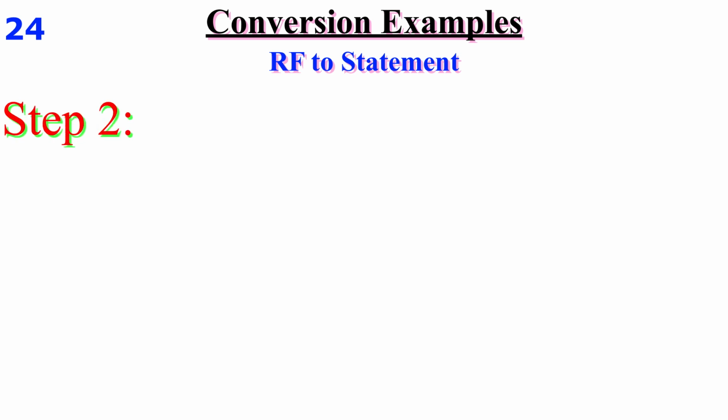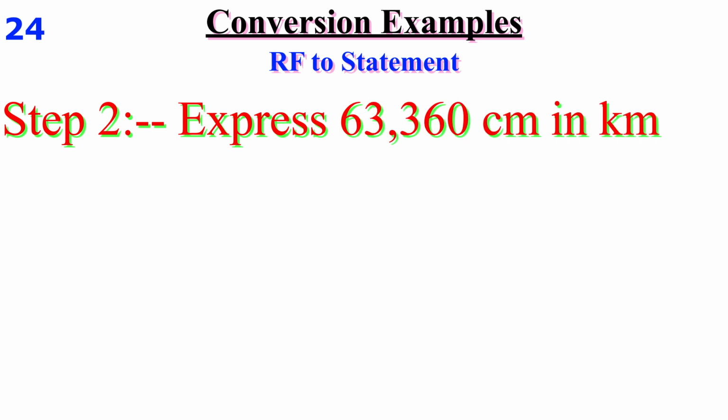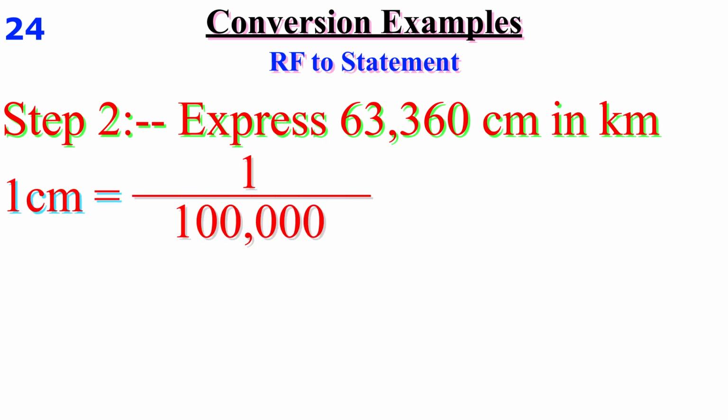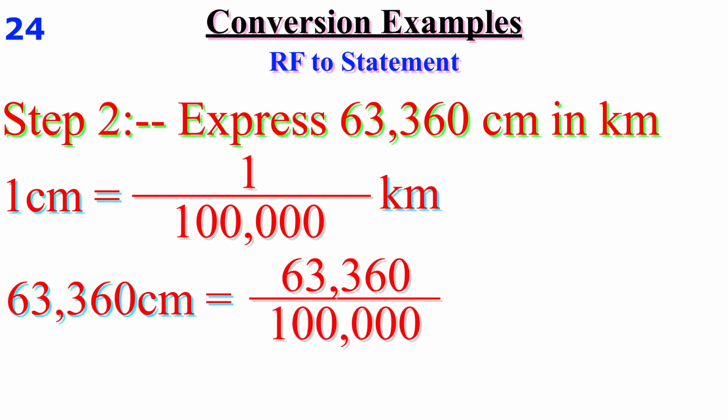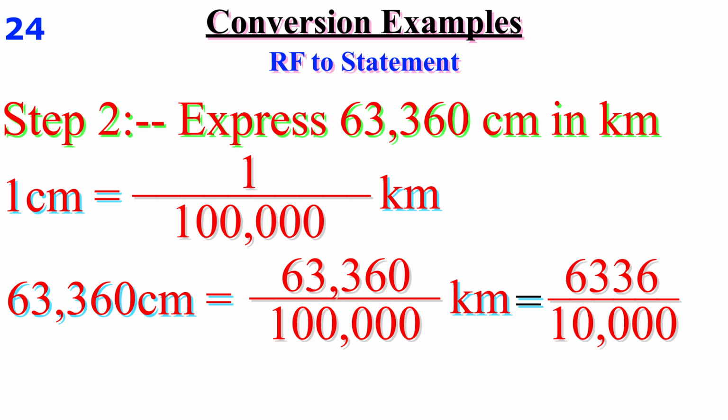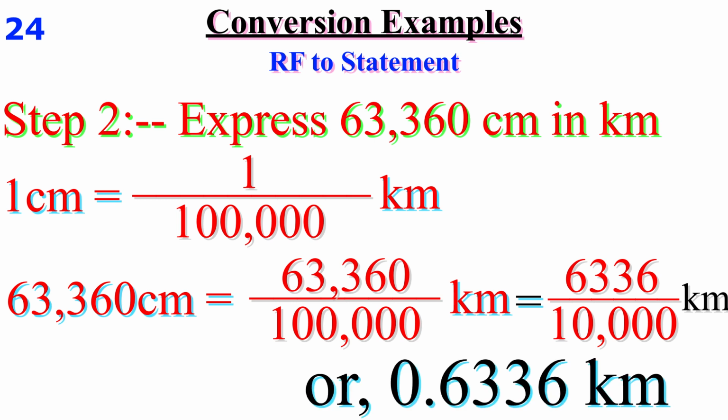Step 2 is express 63,360 cm in km. 1 cm equal to 1 by 100,000 km. 63,360 cm equal to 63,360 by 100,000 km equal to 6,336 by 10,000 or 0.6336 km.